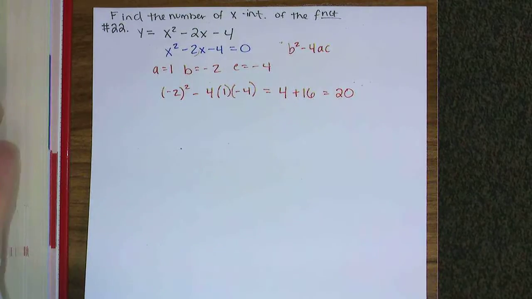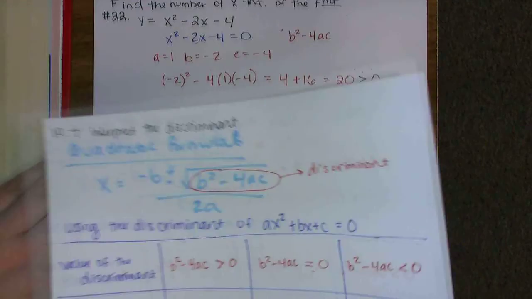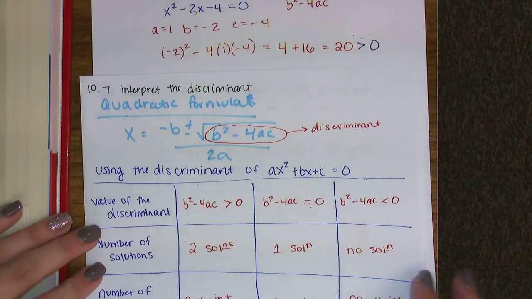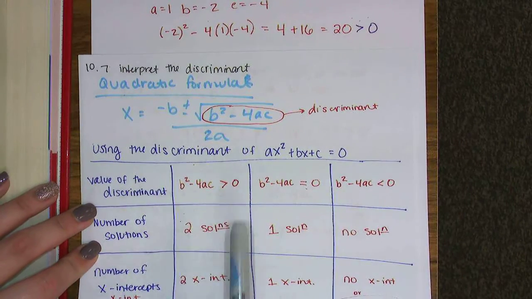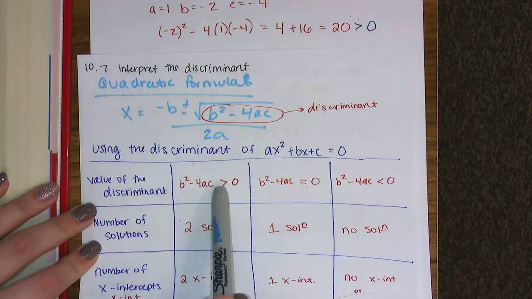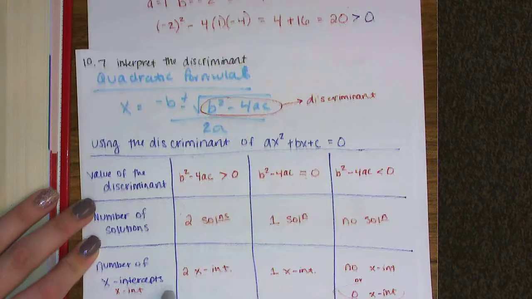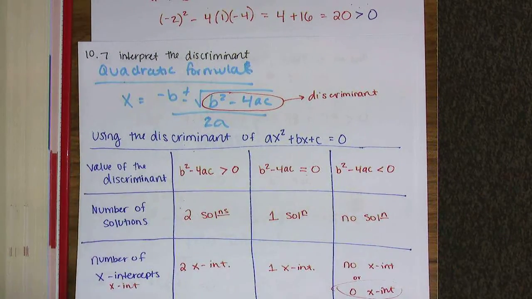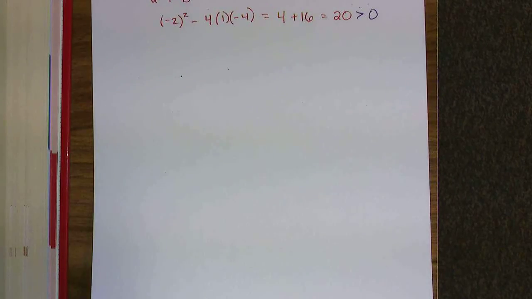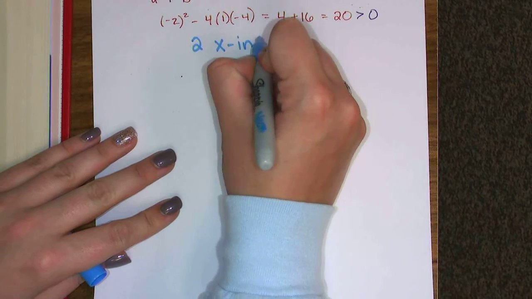And to keep the habit, this is greater than 0. So back to our chart, but now we need this bottom chunk. We have the case where it's greater than 0, so I come down to the x-intercepts portion. This tells me there are 2 x-intercepts. So my answer would be 2 x-intercepts.